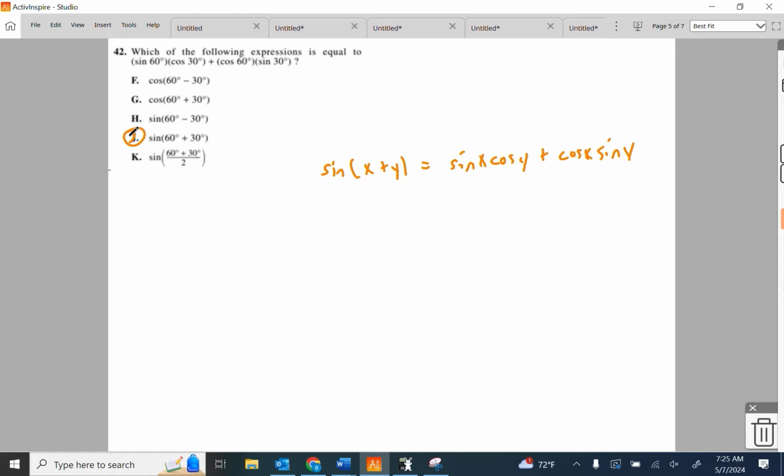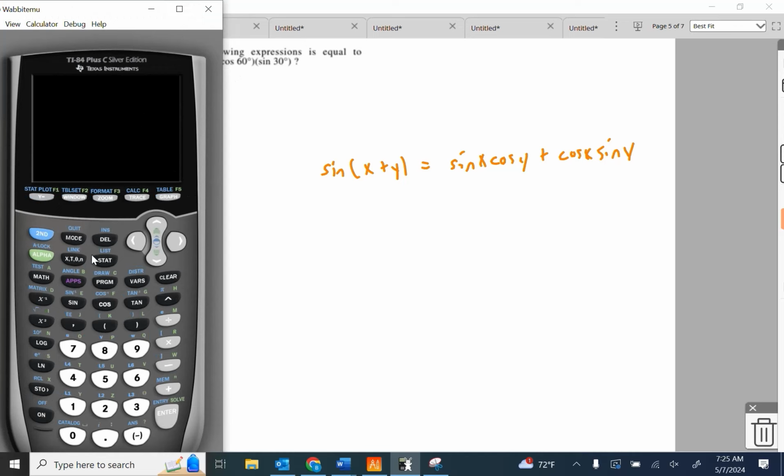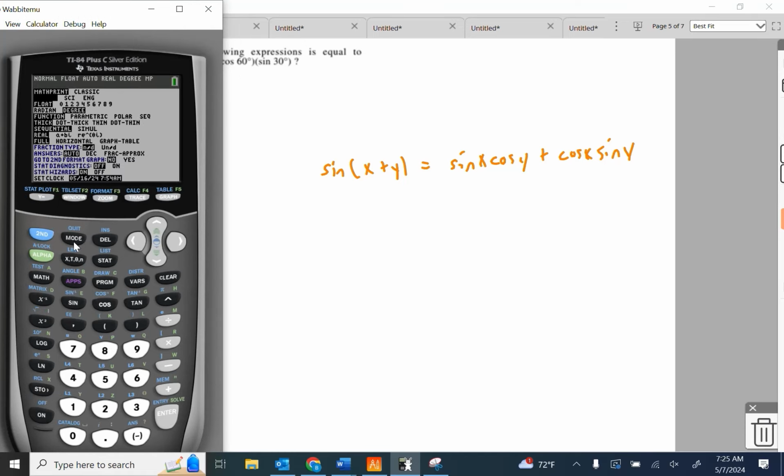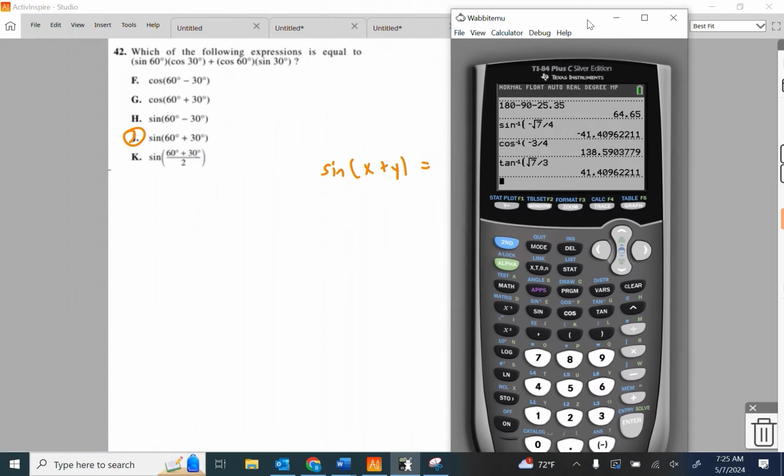Now that being said, you can push buttons. This is a problem that's in degree mode. Check your mode, make sure you're in degree. And let's just type in the original function here. Sine 60, notice what I'm doing, I'm typing this in.